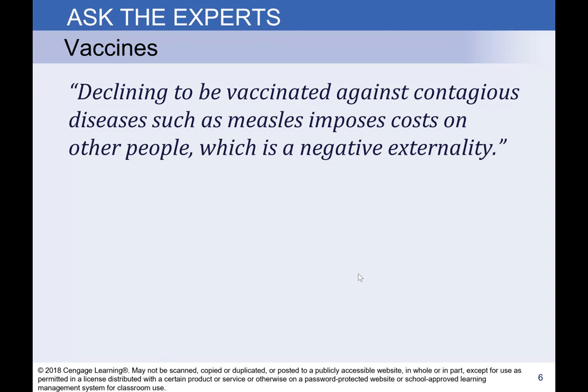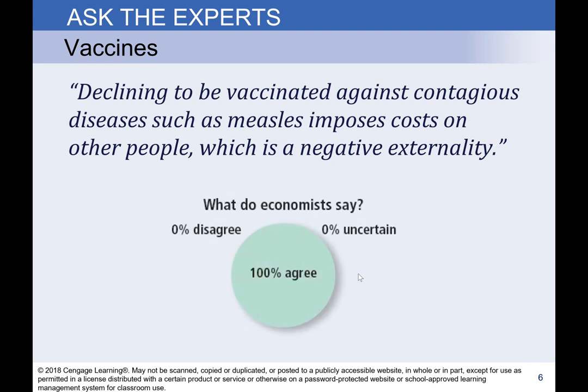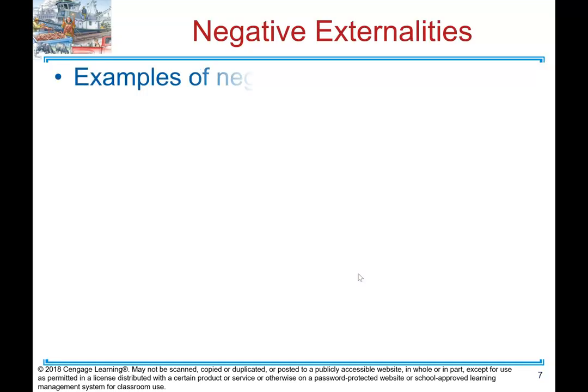Let's see what the experts say regarding vaccines. Declining to be vaccinated against contagious diseases such as measles impose costs on other people, which is a negative externality. 100% of economists say yes. Negative externality.